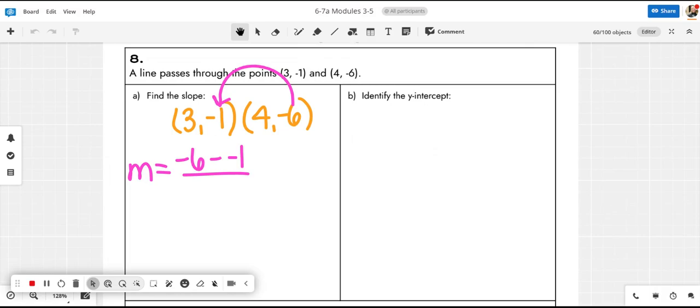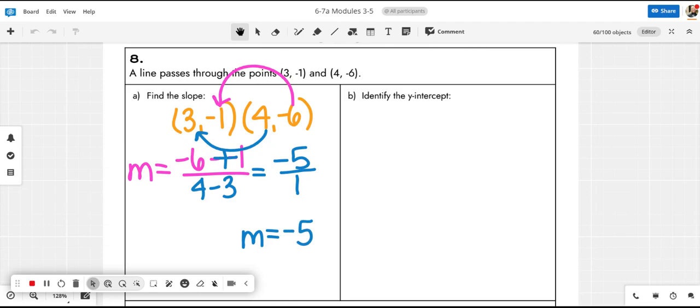That's my numerator. My denominator, my change in x's, 4 minus 3. Negative 6 minus negative 1, I apologize. Those turn into a plus. So negative 6 plus 1 is negative 5. 4 minus 3 is 1. So negative 5 over 1 is equivalent to negative 5.